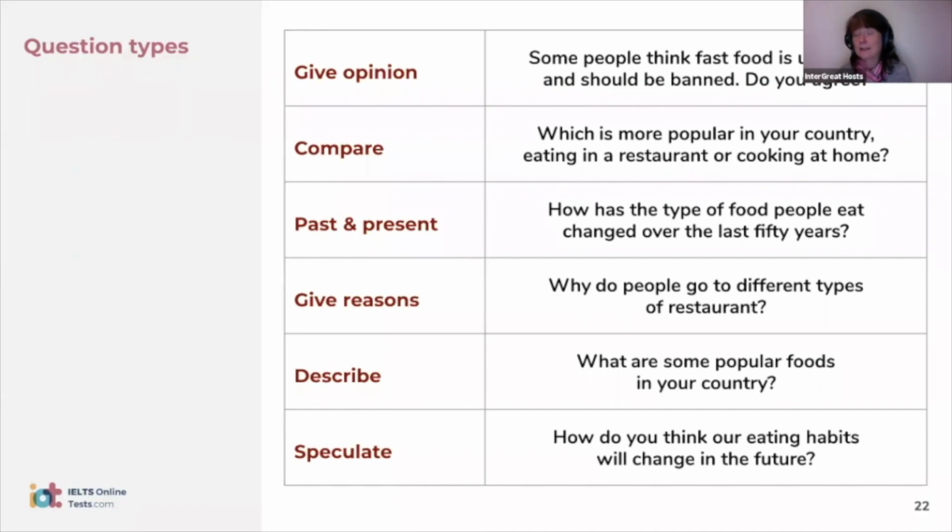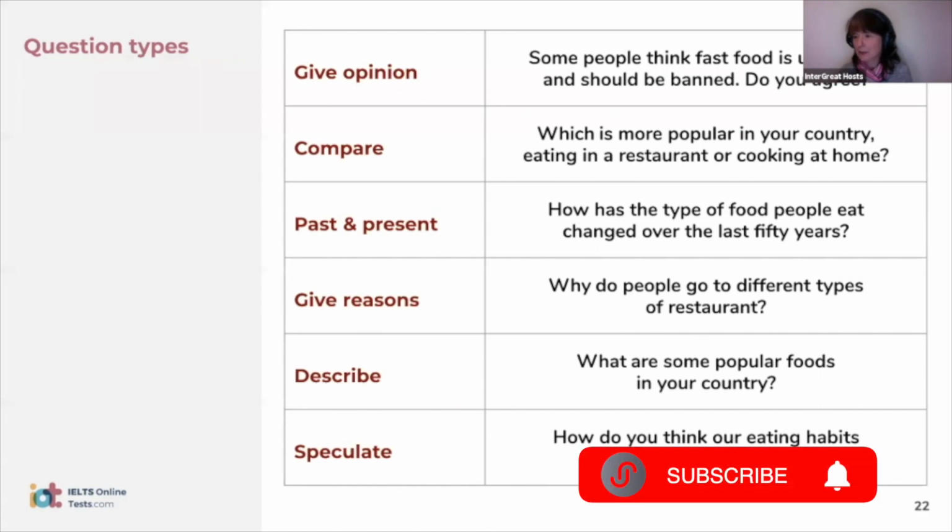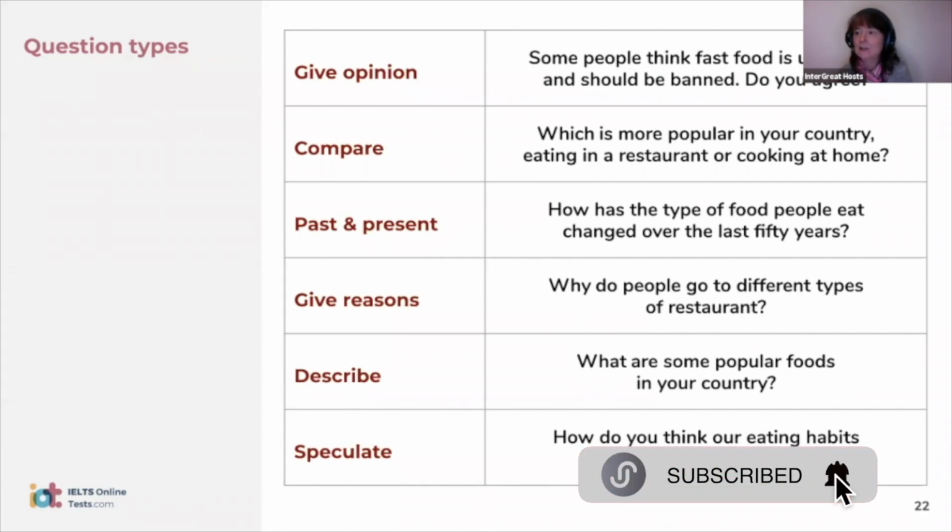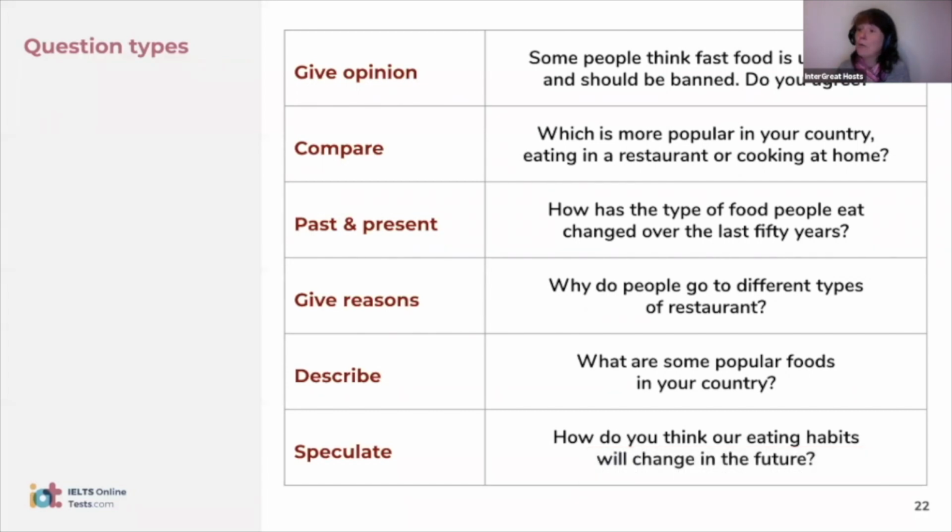Okay, so you should think about using these signposting expressions, these linking expressions, in order to give a logical, well-structured answer, particularly important in part 3, because part 3 is a bit more of a formal answer in that way.